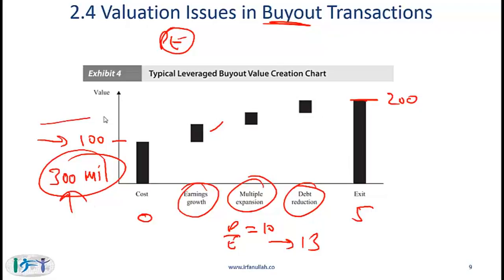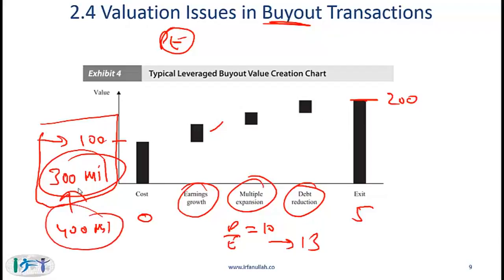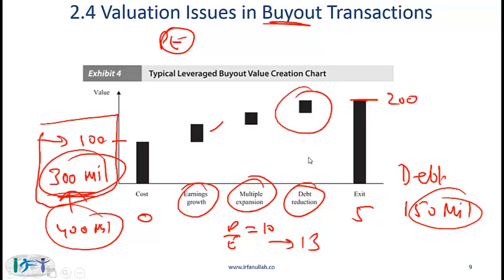So if the total value of the company initially was 400 million, 100 coming from equity, 300 from debt, and over the 5-year period, the debt is mostly retired, so if the value of debt comes from 300 down to, let's say, 150 million, then obviously your equity stake will be relatively high. So a third mechanism for generating value is by paying off the debt.